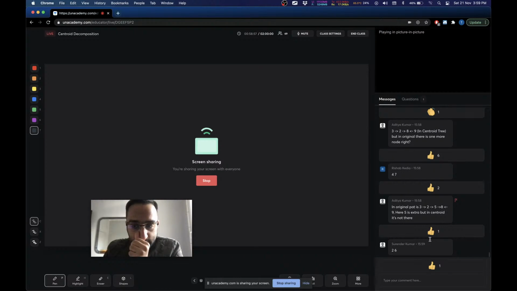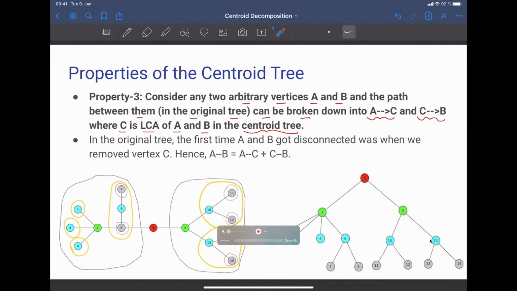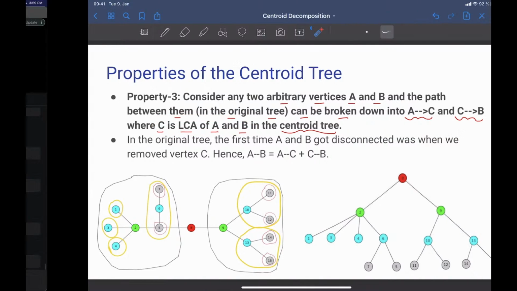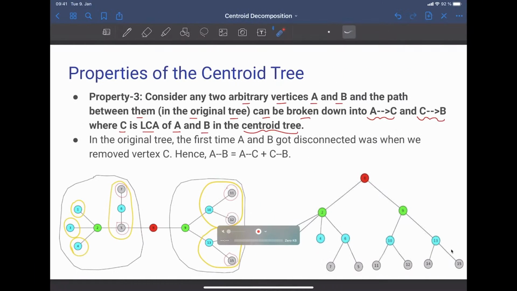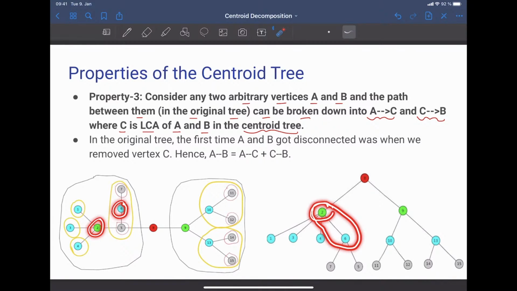So you don't have to see the path in the centroid tree. In the centroid tree, all you have to do is find the LCA of A and B. If we take one more example, say 2 and 6, what is the LCA of 2 and 6 in the centroid tree? It is 2.